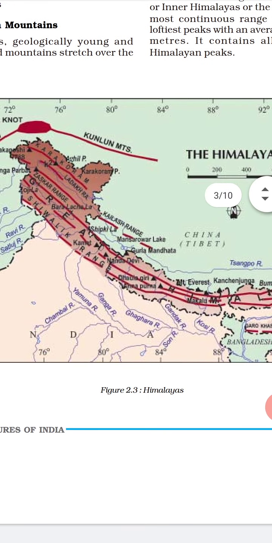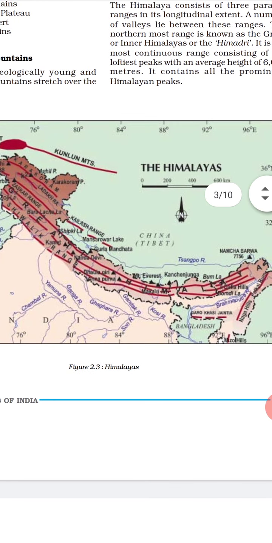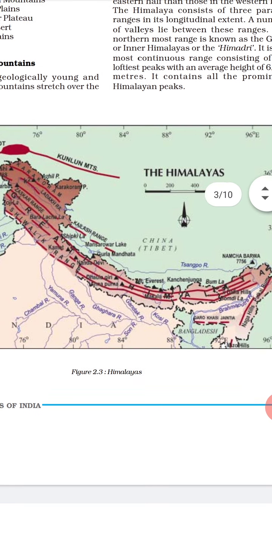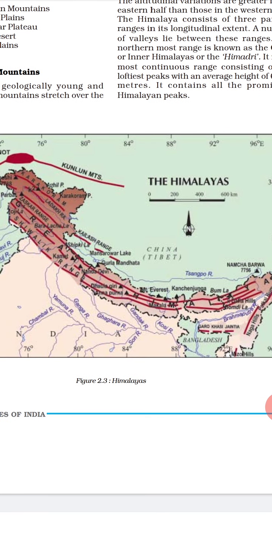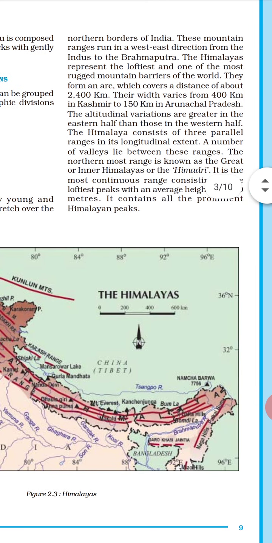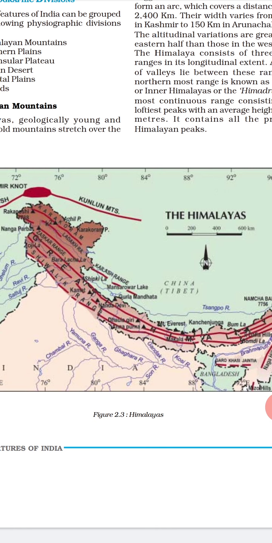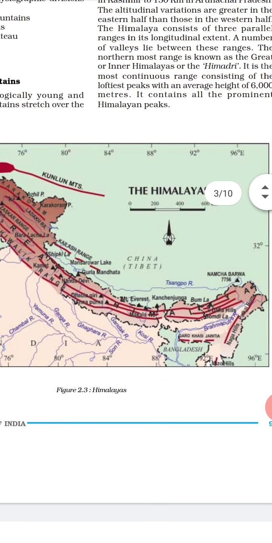Now let me tell you, these are the Himalayas, and they run from west to east direction, and here they form an arc. These Himalayas run from the Indus to the Brahmaputra. This river Indus is here, and the Brahmaputra river is here.